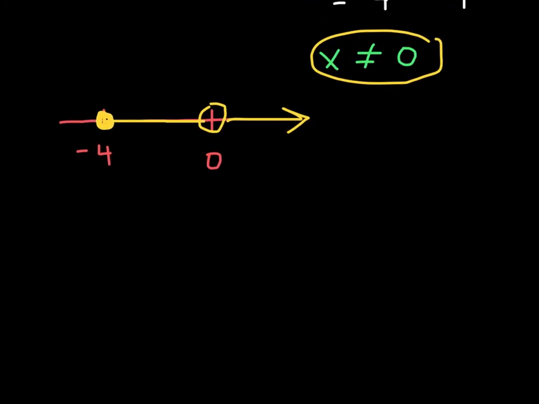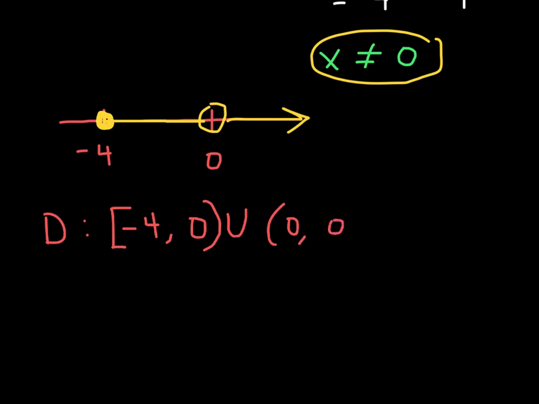So your final answer, as far as the domain is concerned, will be, let's read our graph, this x-axis from left to right: a bracket at negative 4, meaning negative 4 is included, equivalent to that closed-in circle, comma, you have to stop at 0 and exclude it, which means put a parenthesis, equivalent to that open circle, union from 0 to positive infinity.